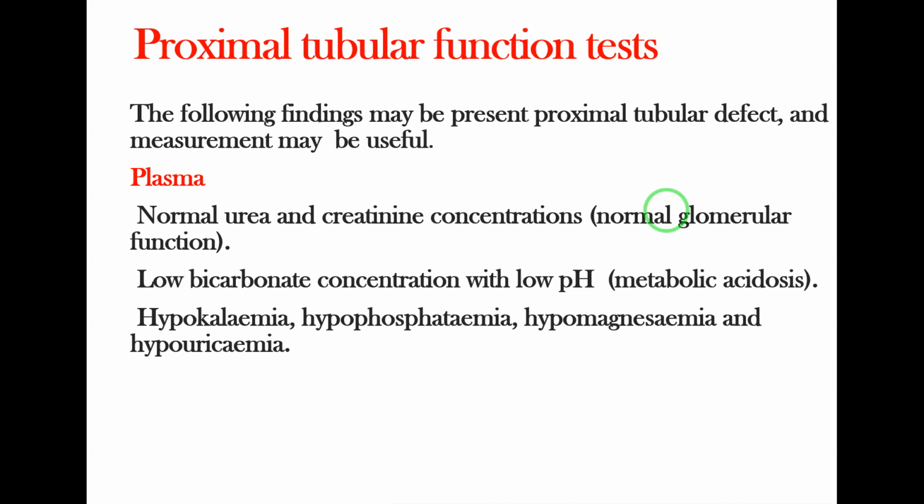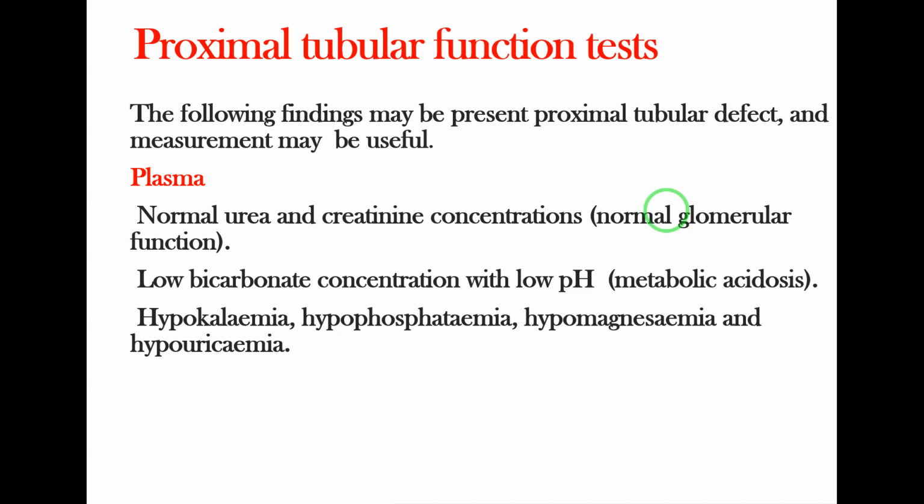If we take a blood sample and test in this condition, we will find that because the glomerulus is normal, the plasma urea and creatinine concentrations will be normal, because they are a function of the glomerulus. There will be a decrease in the level of potassium in the blood.